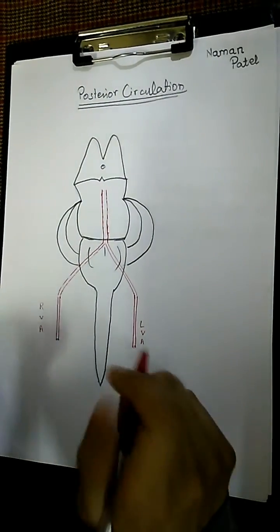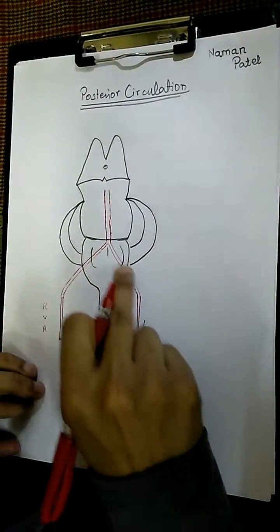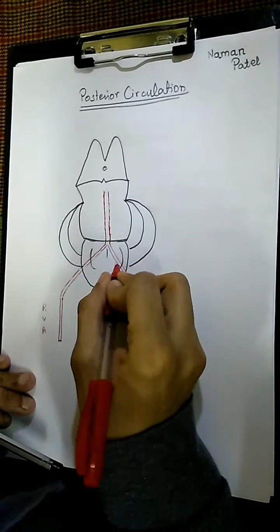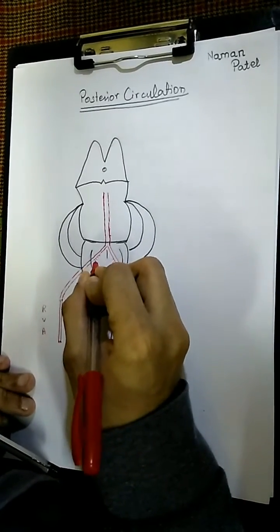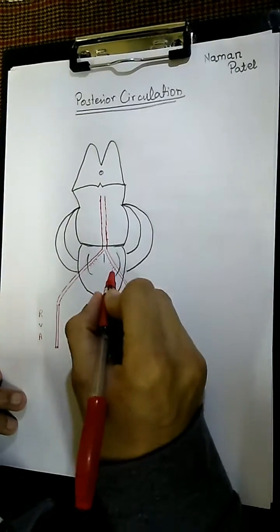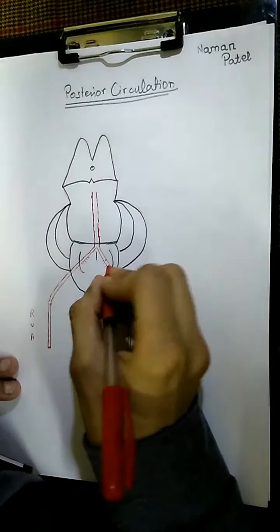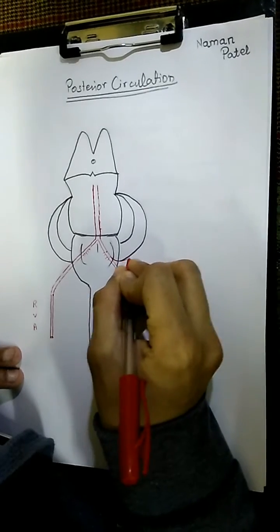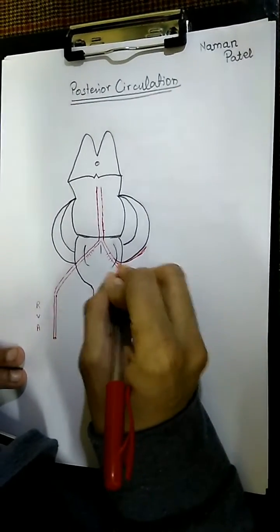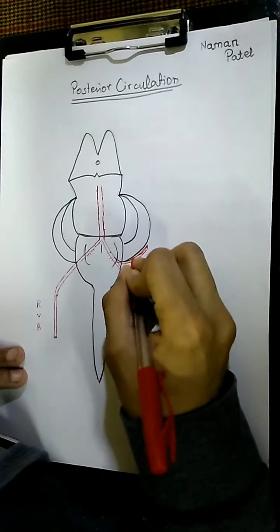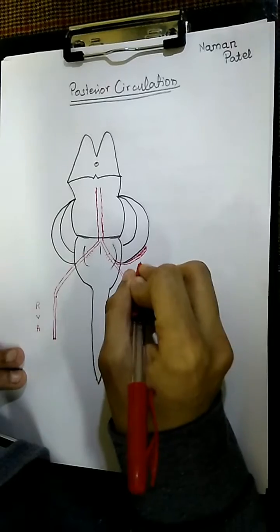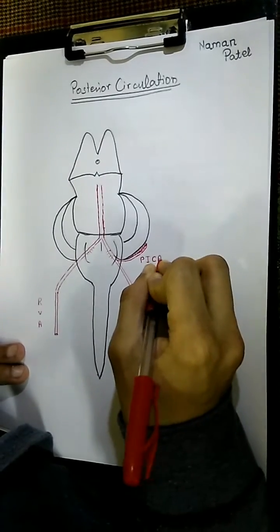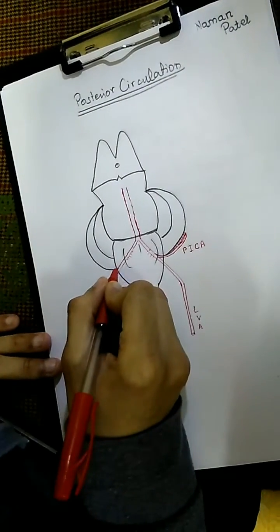As we can see, these two vertebral arteries supply blood to the medulla. From these vertebral arteries, one artery originates right from here, like this. This artery is known as the posterior inferior cerebellar artery, or PICA in short.